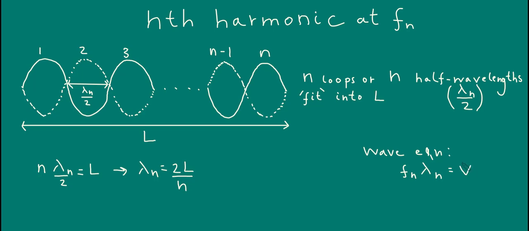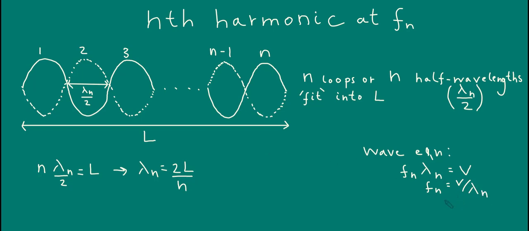The speed of the transverse waves on this string. So let me here just first make fn the subject. It's v divided by lambda n.